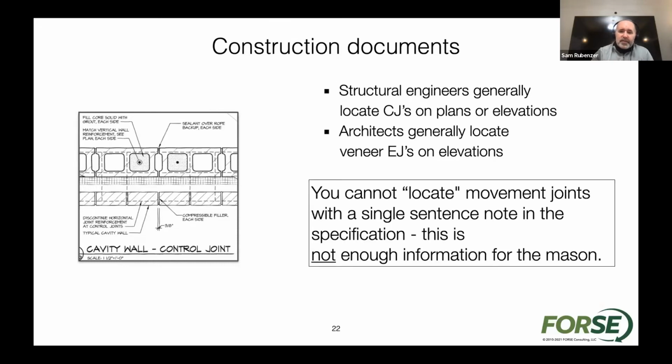And this is another slide to point to the fact that you can't just have one single strategy. It's really going to depend between the different veneers, whether or not they're control joints or expansion joints. There are just so many times I see in general notes just a single sentence that tries to define these joints. It's just way more complicated than that. We really need to locate them on construction documents.